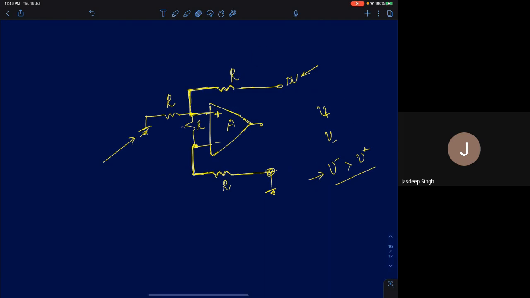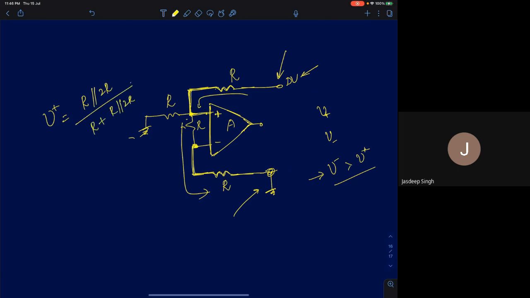First, I'll assume that this here is delta V, and I've made this term 0 here by the principle of superposition. If I apply delta V here, the voltage at V plus is going to be, since you have R and R in series now, R parallel to R divided by R plus R parallel to R, times delta V. This is V plus.